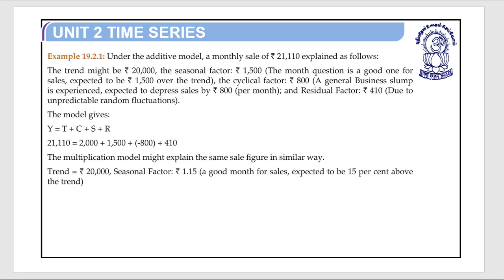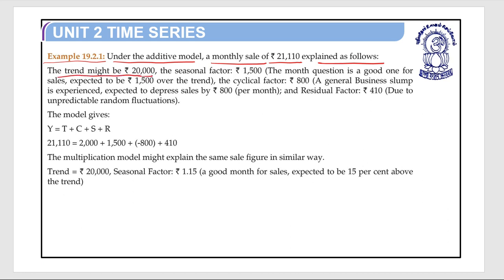Now, let's move on. Example, under the additive model, a monthly sale of rupees 21,110 is explained as follows. The trend might be rupees 20,000.